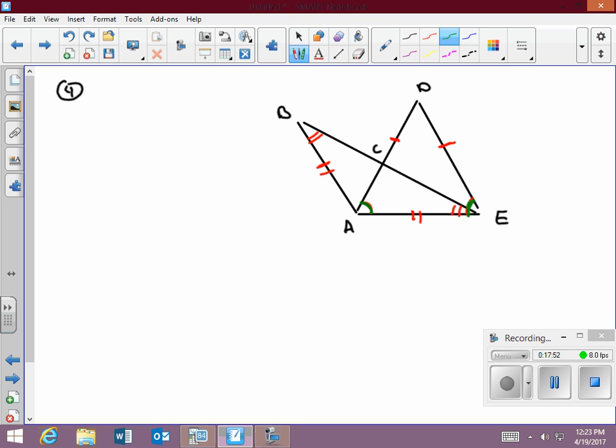So when we write it out, it's AD congruent to DE and AB is congruent to AE. And that these are given.